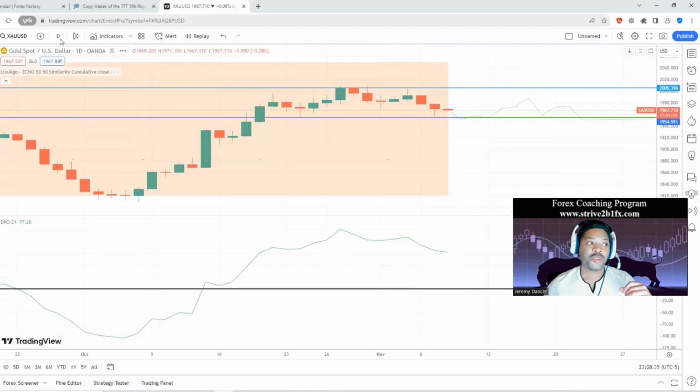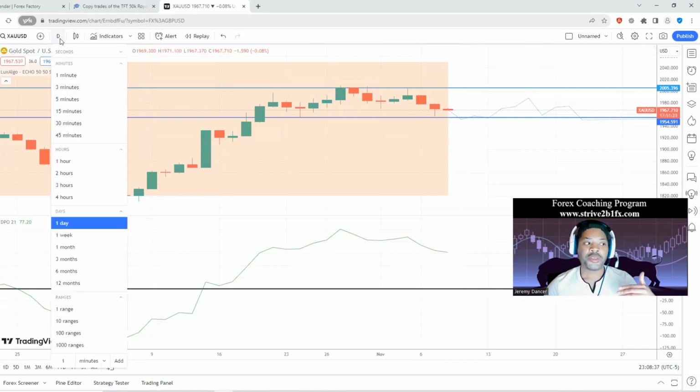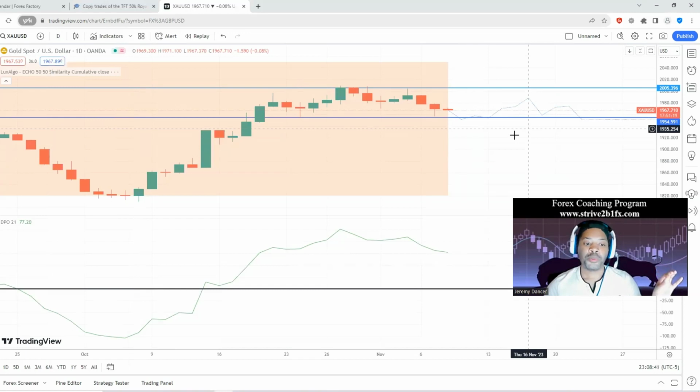If we look at the shorter time frames, we can see how this is very consistent. Before I go into the shorter time frames, I just want to point out the DPO is a very good tool for knowing when to buy and sell, because every time the price breaks the zero line, that's when you want to buy.